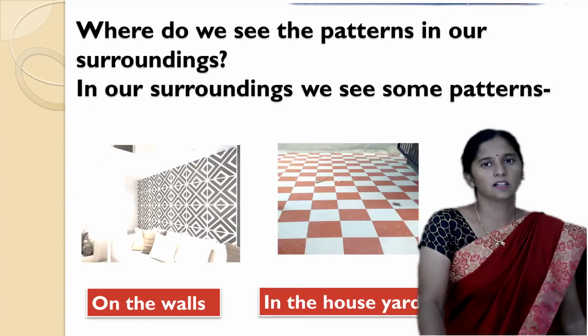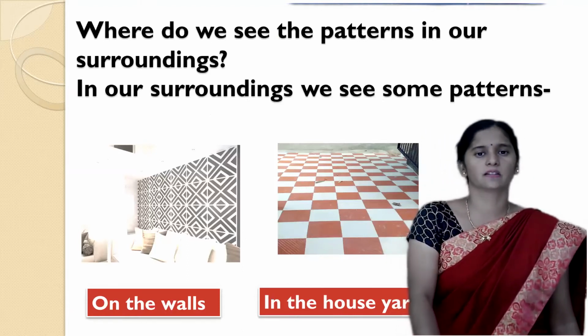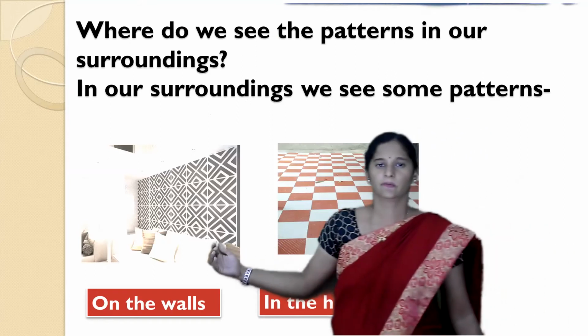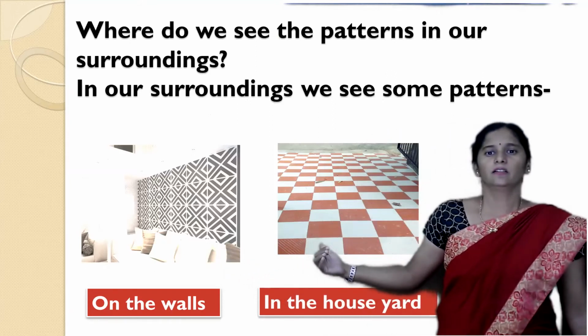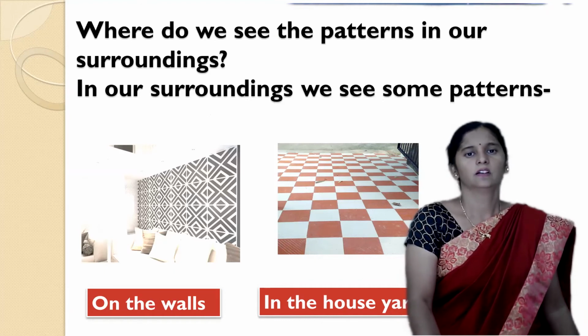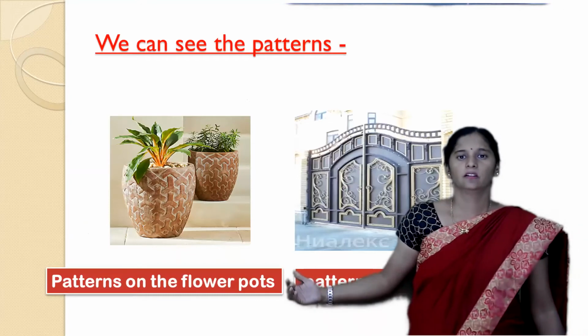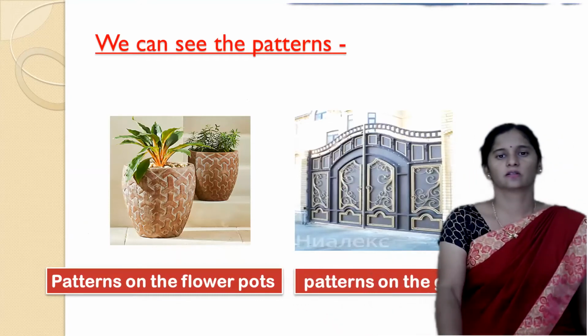So where do we see patterns in our surroundings? In our surroundings, we can see some patterns on the wall, on the wall in the house yard. Next, we can see patterns on the flower pot and patterns on the gate.